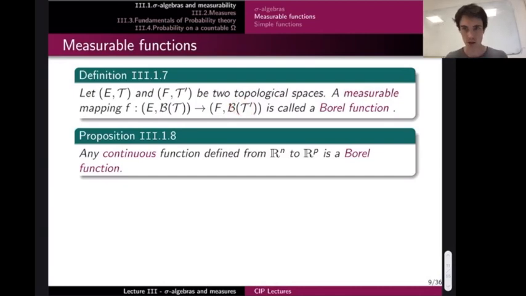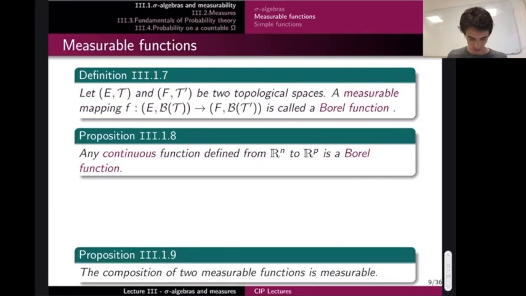Okay, so just some vocabulary. And then an interesting fact, which is that any continuous function defined from, for instance, Rn to Rp is a Borel function. Underlying here, we are talking about the usual topology of Rn, which defines the Borel sigma algebra on Rn, and that's the sigma algebra that we are using here.